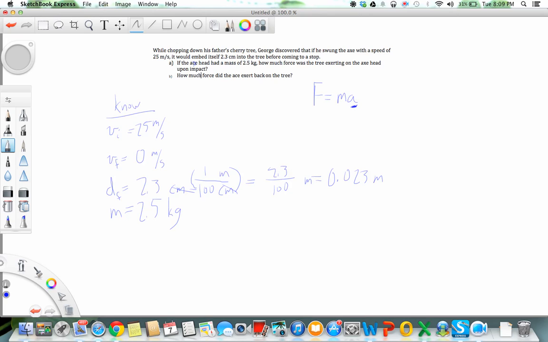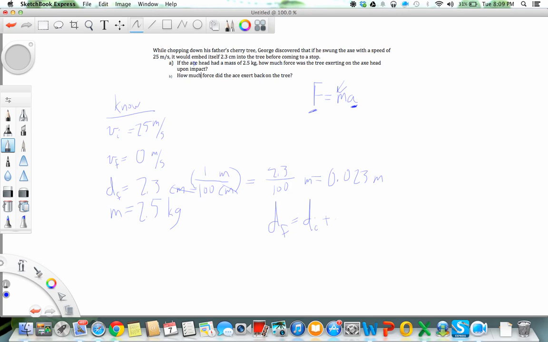Only problem is I don't know the acceleration here. I know the mass, and I'm of course looking for force. So I would go back to the equations of motion personally, and I would use my position equation so that I could solve for my acceleration.